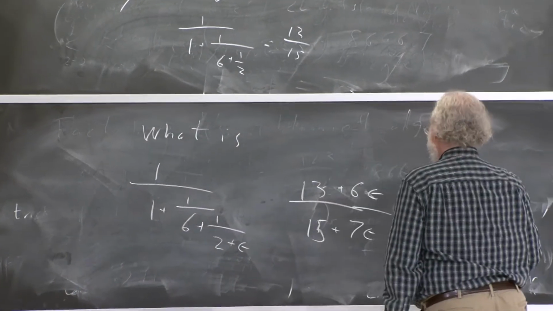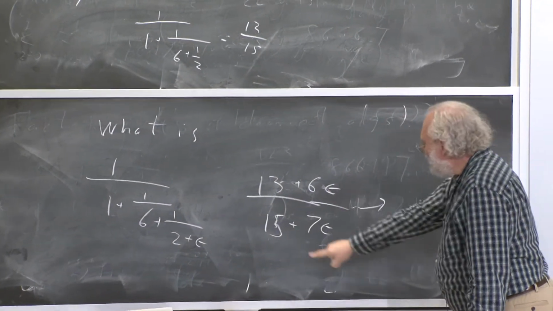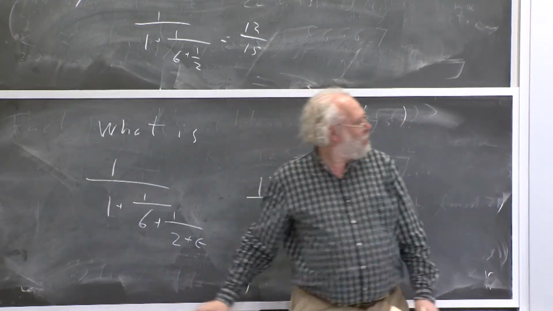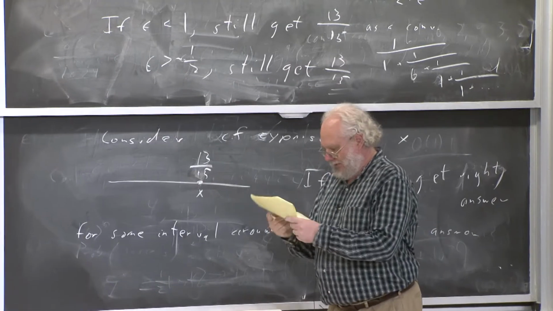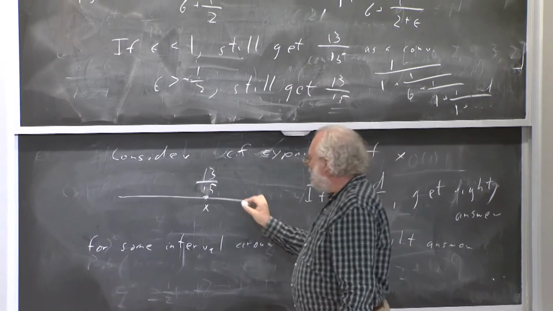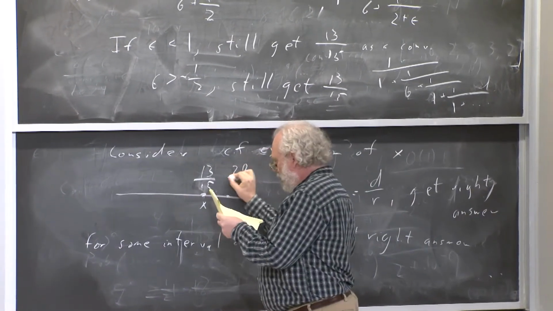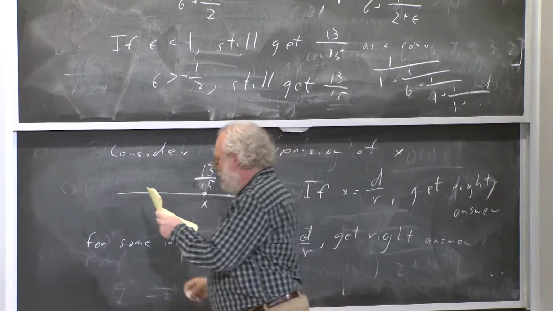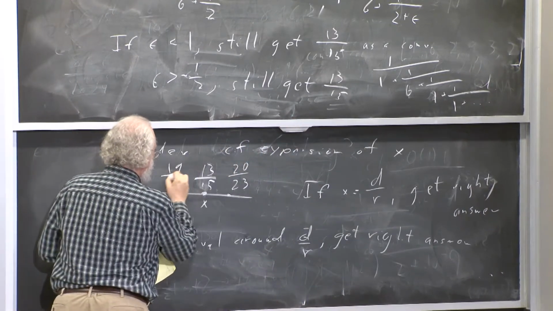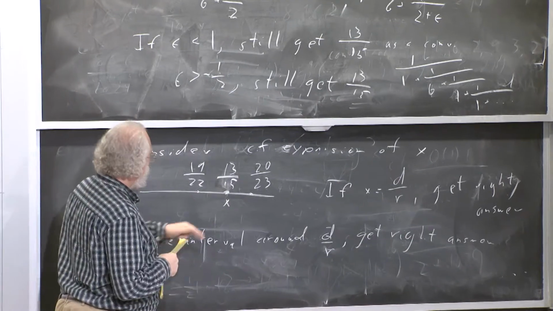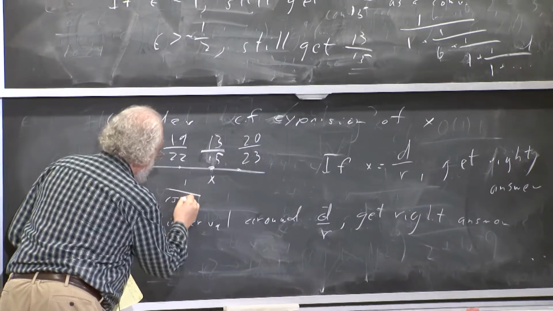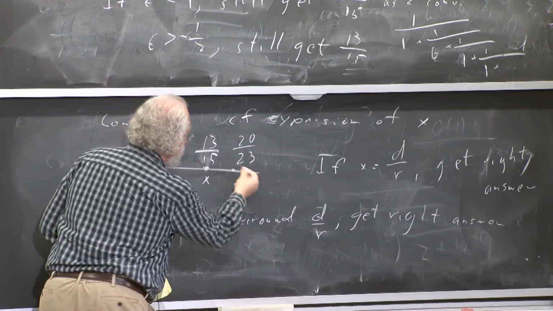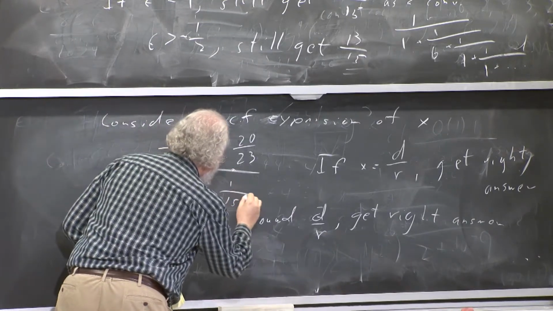So this is 13 plus 6 epsilon over 15 plus 7 epsilon. When we go back here and we have 13/15, the number ahead of that is 20 over 23 and the number behind that is 19 over 22. You can see the difference between these is 1 over 15 times 22, and the difference between these is 1 over 15 times 23.